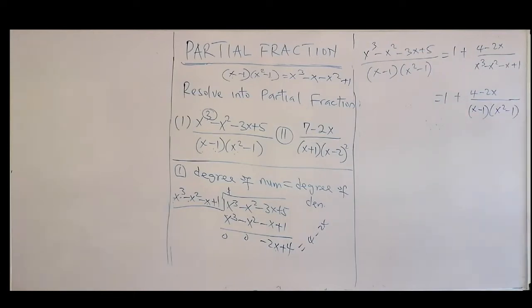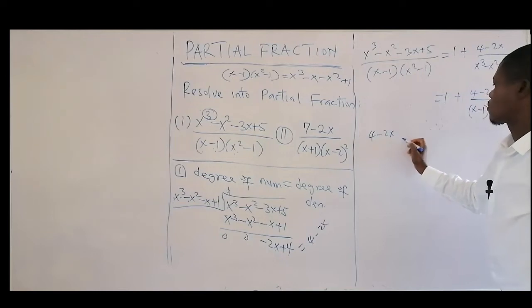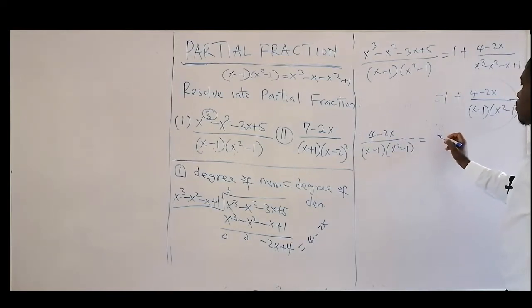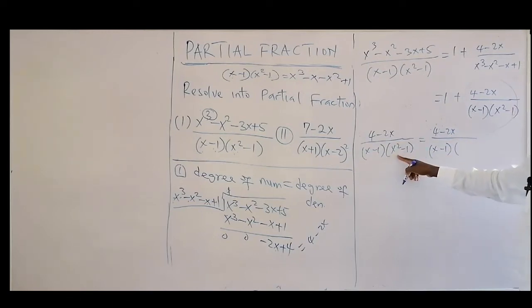Okay? So then this fraction now will resolve into partial fractions. And that will be 4 minus 2x all over x minus 1 into bracket x squared minus 1. And this is equal to 4 minus 2x all over x minus 1. This one is the difference of two squares, which will be equal to x minus 1 into bracket x plus 1.